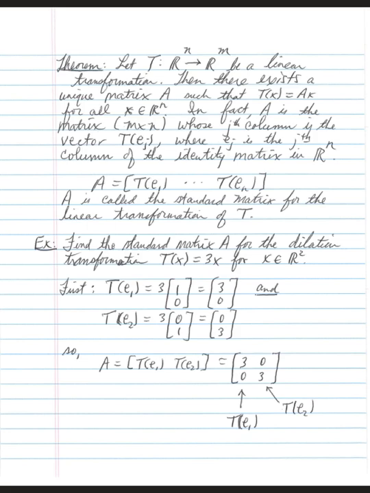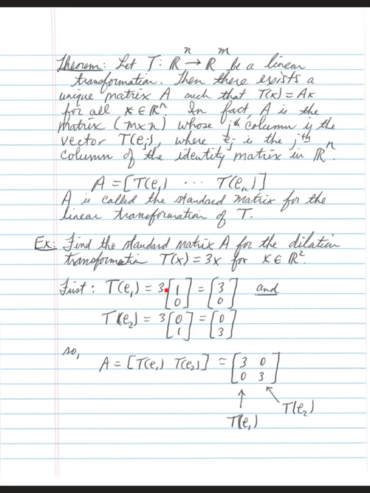Example: find a standard matrix A for the dilation transformation T(x) equals 3 times x. And in a previous video, we also looked at having a scalar multiplication of 3. First, let's transform each basis matrix. Now, all the x's are in R2, so our standard basis matrices only need 2 entries.